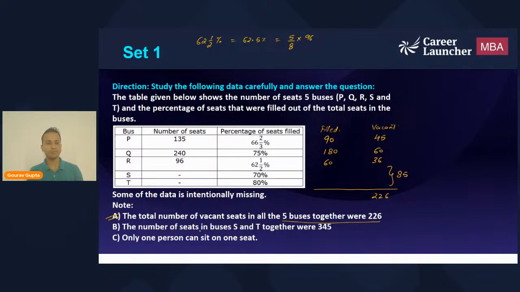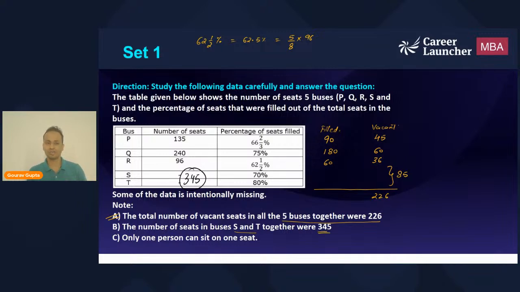Let's look at the second point at the bottom. The number of seats in bus S and T together were 345. So the total number of seats together in these buses is 345. Right? Am I clear? Now, only one person can sit on one seat.